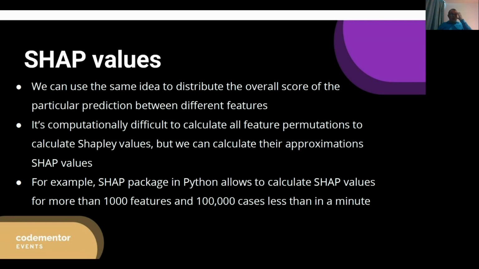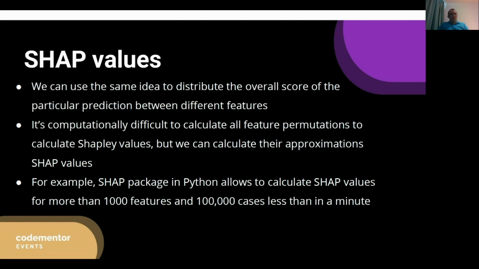But there is an approximation of Shapley. It's Shap values. Shap is Shapley additive explanation, if I remember correctly.